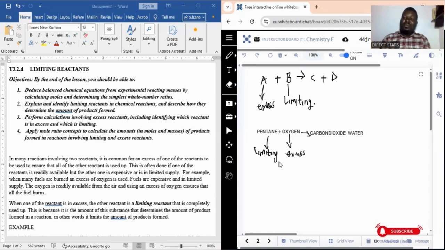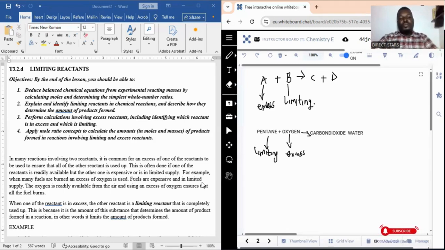What that simply means is that the vehicle will be consuming too much fuel than required. Reason being, it's not taking the right amount of oxygen to burn the fuel. So for us to burn fuel effectively and very well, we need oxygen in excess as the excess reactant. That will ensure the fuel is used up completely and not being wasted.